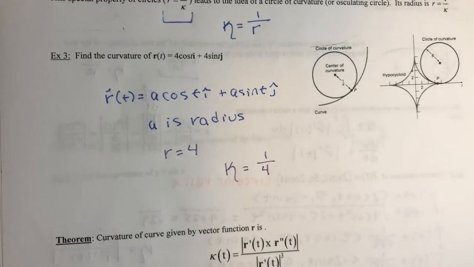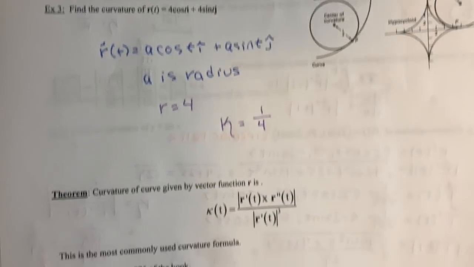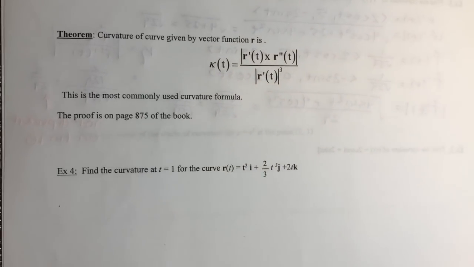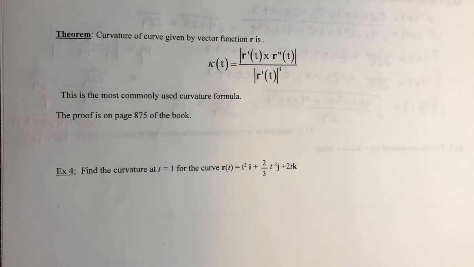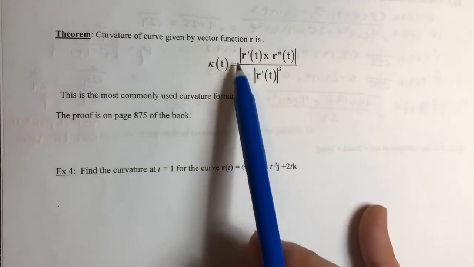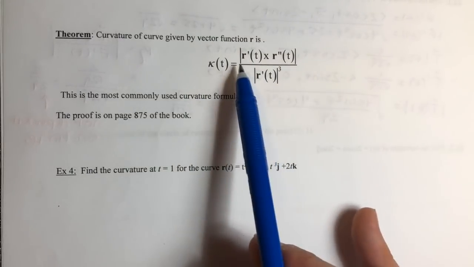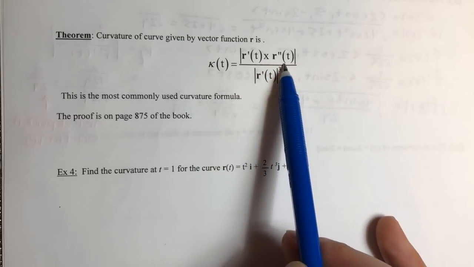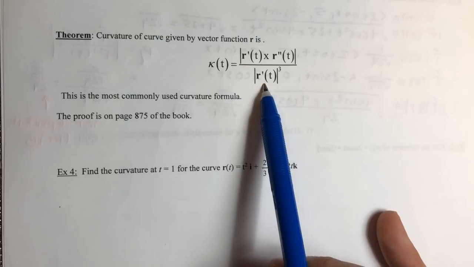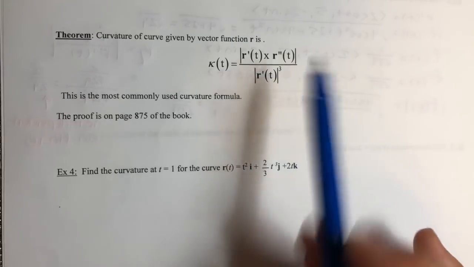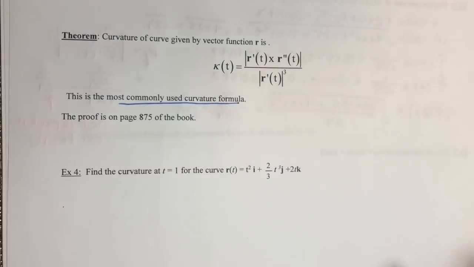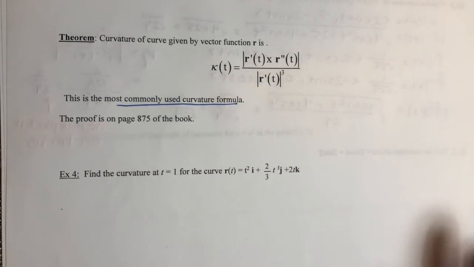Okay, but what if we want to skip a few steps? We don't exactly want to make the unit tangent vector. Well, we have a formula for that. Again, it involves magnitudes, but we've got the cross product of the first derivative and the second derivative, divided by the magnitude of the first derivative cubed. This is the most commonly used curvature formula, and I think it's because we only have to take 2 derivatives.